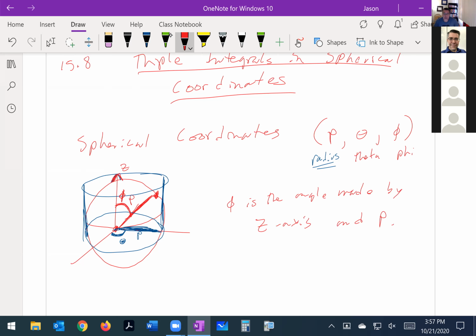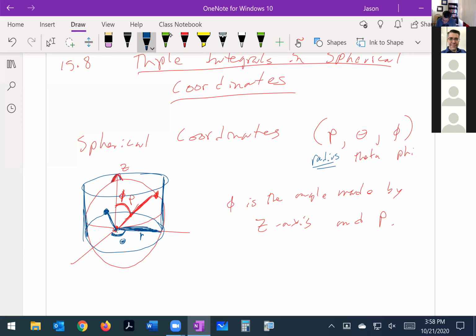So again, this is R. We're going to call this R, the radius of that great circle, or basically the radius of the equator. And then P is the one that goes out to the various points in space. Now are they the same measurement? Sometimes they are. But how would I get that point in space?